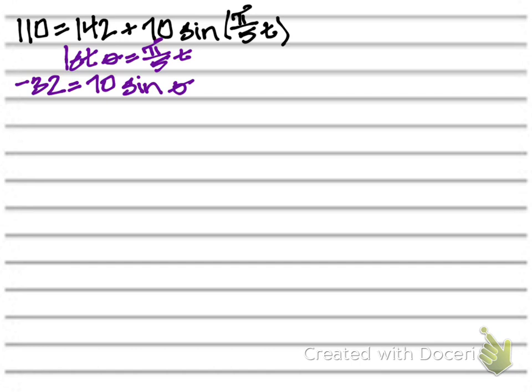And then if I do that division and simplify it a little bit, I'm going to have negative 16 over 35 is the sine of theta. Okay, so sine is negative on the bottom of our Cartesian plane, so in quadrant 3 and quadrant 4.